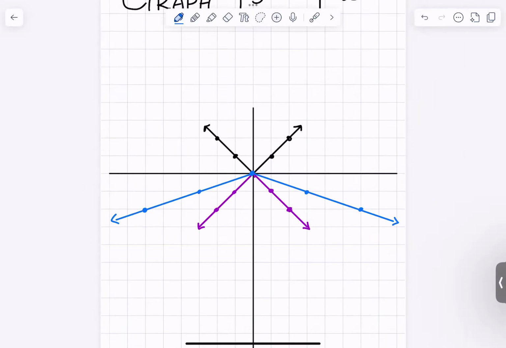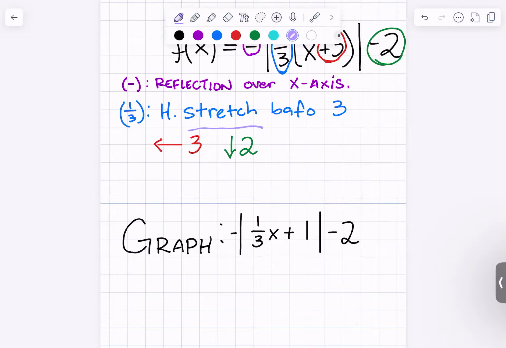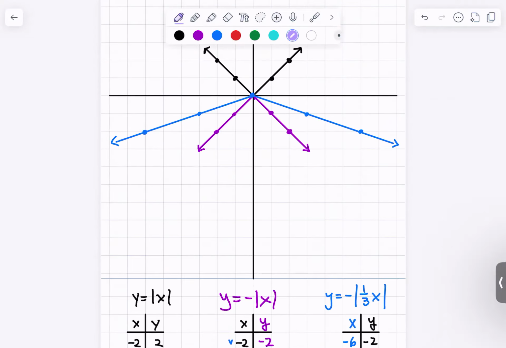And now after that, we're gonna move this over to the left 3 and down 2. Class, are we up to doing these 2 together?